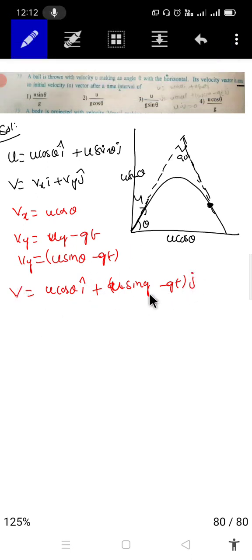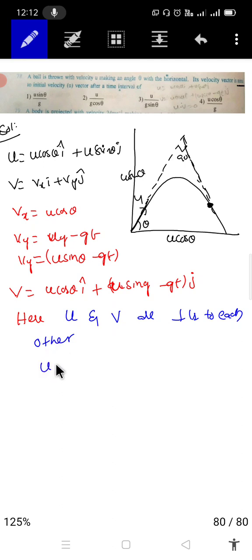This is the final velocity, but they have given here that the initial velocity u and v are perpendicular to each other. So that means u dot v is equal to 0. Now what is the initial velocity here?